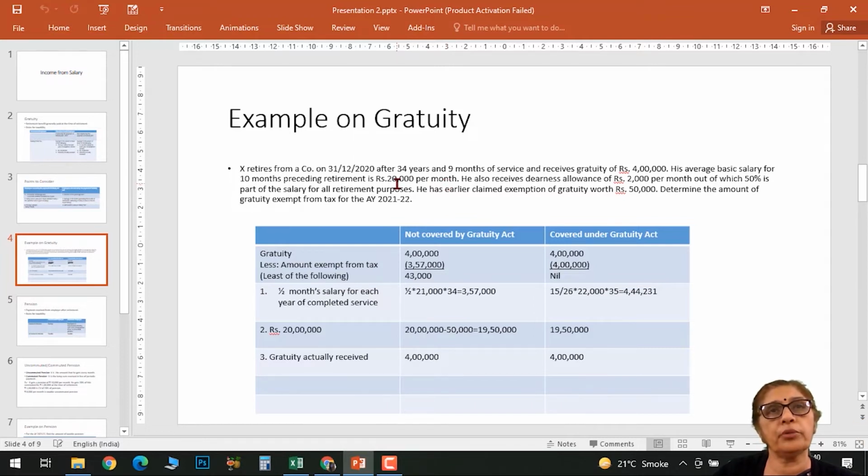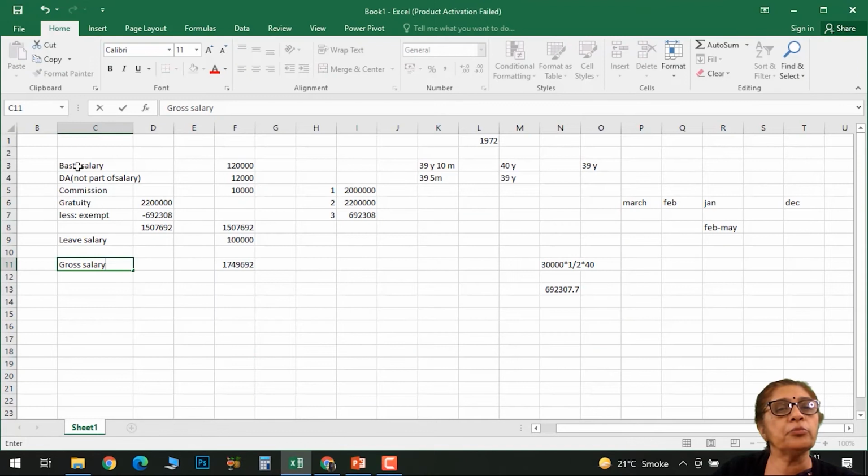It is 20,000 per month. So this is the average of basic, DA, commission. Here it is the basic salary. Of course, we'll take it. Commission is fixed, will not consider. DA is not a part of salary, will not consider. Otherwise, what would we have done? We would have taken 10 months of basic. Had DA been a part of salary, 10 months of DA.